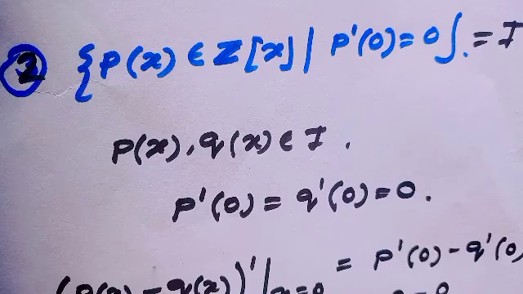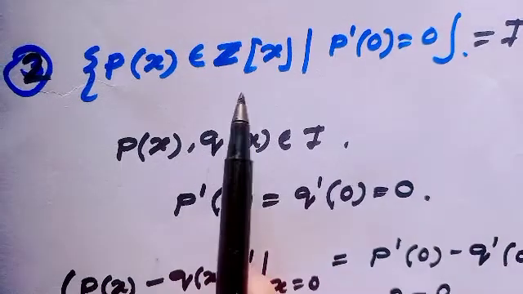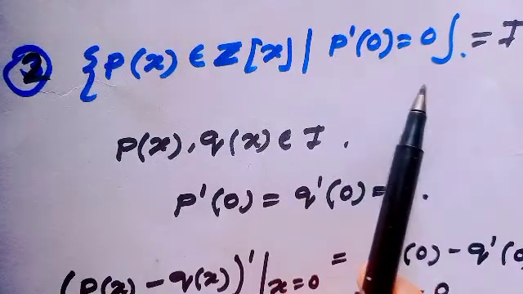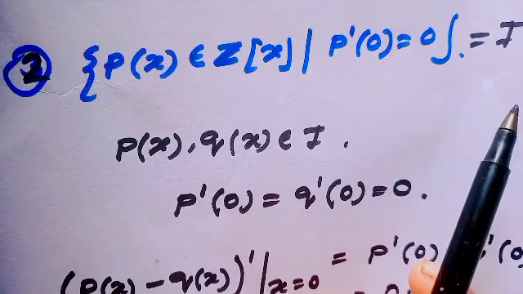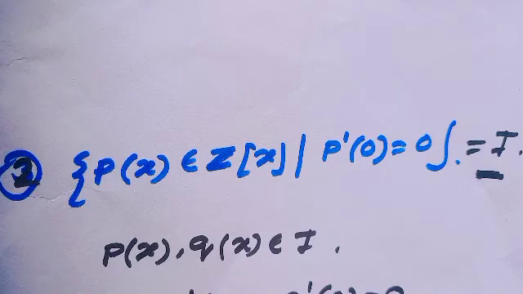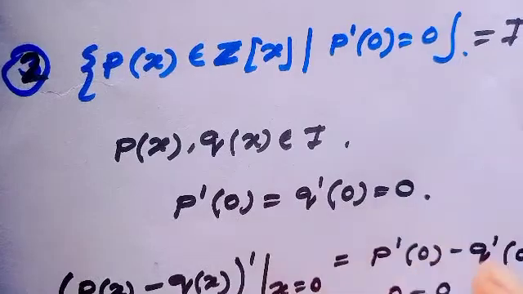Okay? Consider another example. Consider such p(x) in Z[x] such that p prime of 0 equals 0. We have to check, is this an ideal? To prove ideal, at first we have to prove, is it a subring?